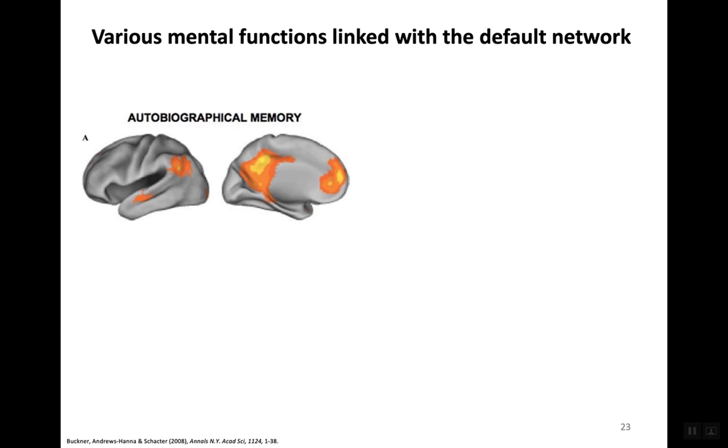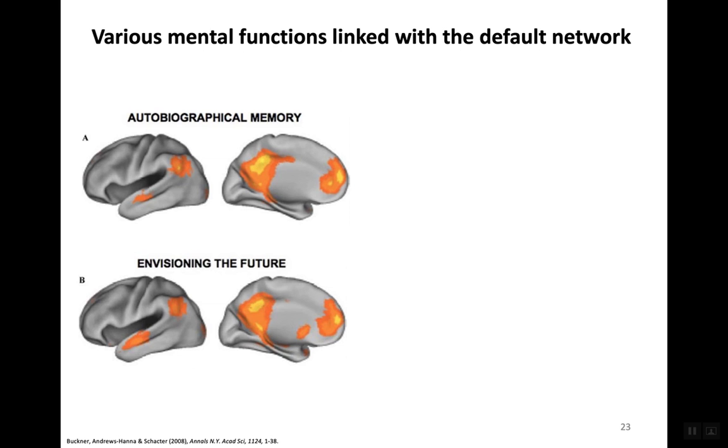Whenever you try to recall how you celebrated your 18th birthday, how you learned how to ride a bike, if you try to remember your first ever memory, all of that falls under the umbrella of autobiographical memory. And whenever we engage in processing autobiographical memories, we activate the default network.